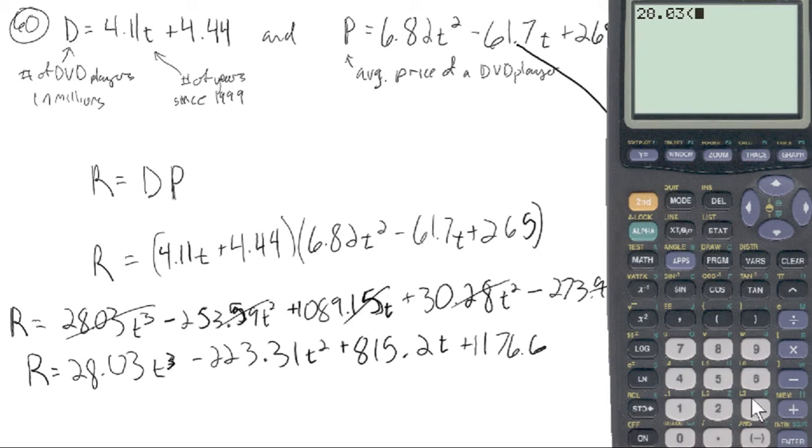So multiply times 3 to the third. And then we'll subtract 223.31 times 3 squared plus 815.2 times 3, plus 1176.6.